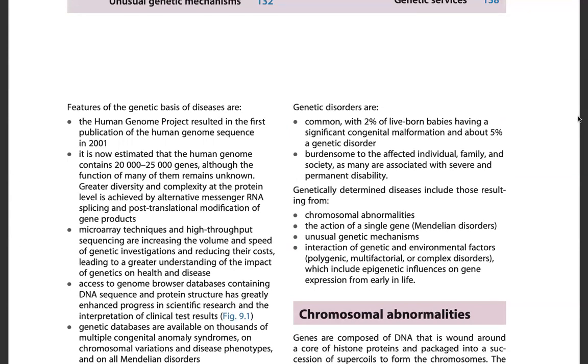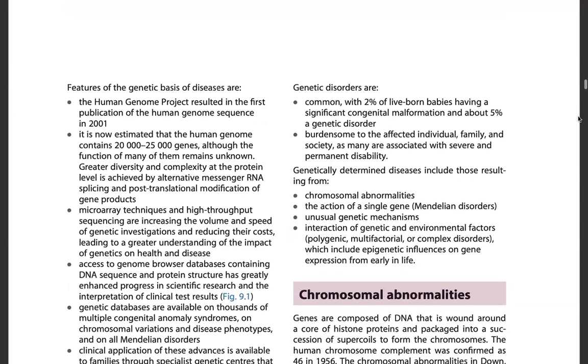Genetically determined diseases include those resulting from chromosomal abnormalities, the action of a single gene, that is Mendelian disorders, unusual genetic mechanisms, and interaction of genetic and environmental factors, which are polygenic, multifactorial, or complex disorders, which include epigenetic influences on gene expression from early in life.